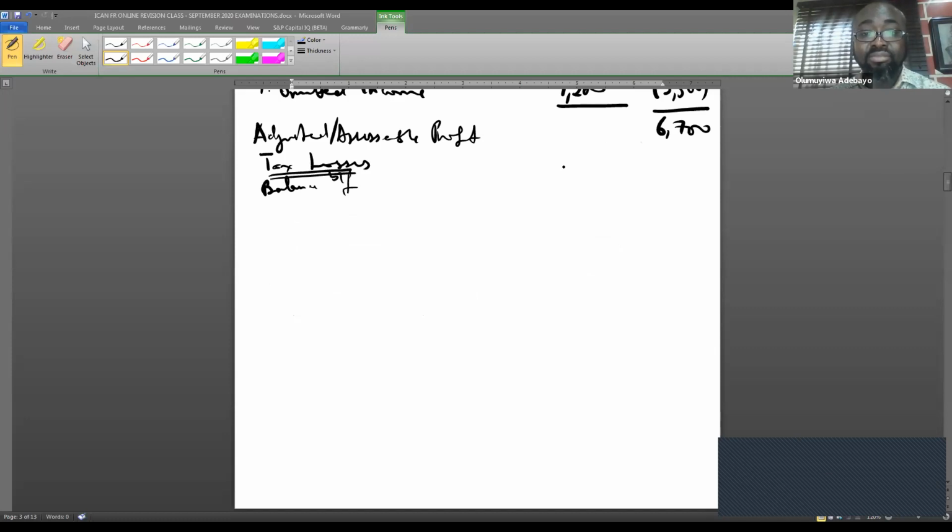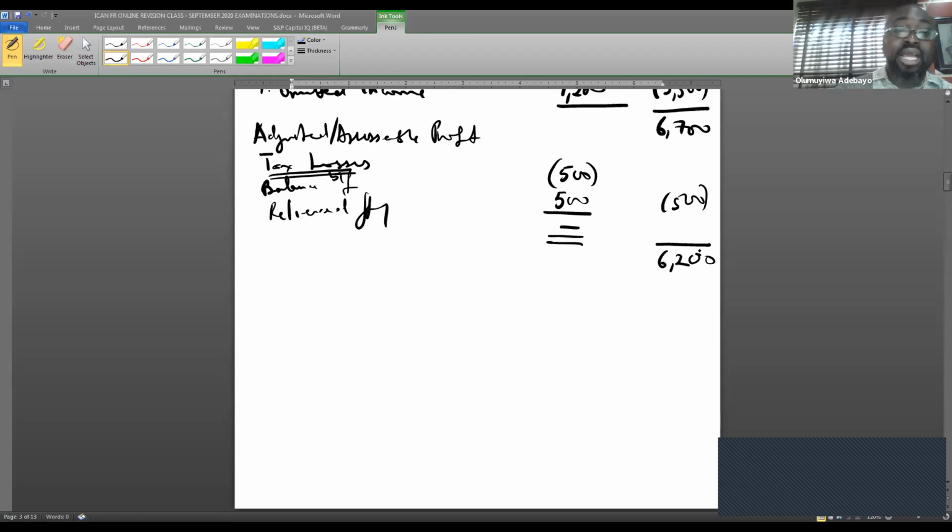Let us assume last year we made a 500 taxable loss. It then means that this year we'll be able to relieve the 500 such that the assessable profit is sufficient to absorb the entire 500. And invariably, what it means is that my profits subjected to tax will be after I've taken credit for the tax losses brought forward from last year.